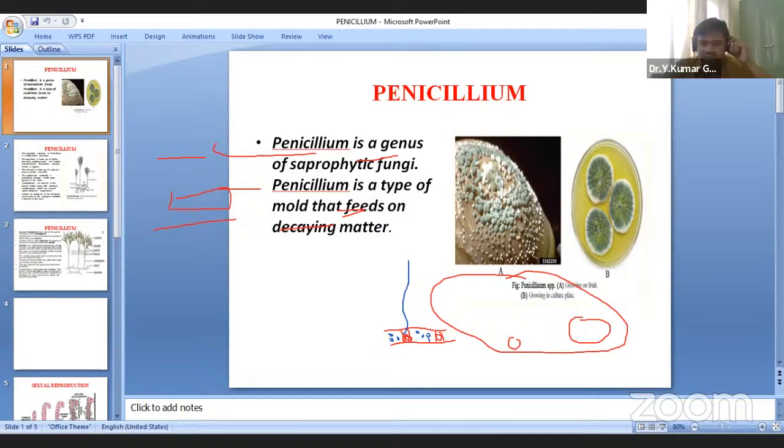Renuka Ashok, Sony, Sai Priya, please respond. The fungi cell organelles. Sri Lakshmi. I am asking a general question.